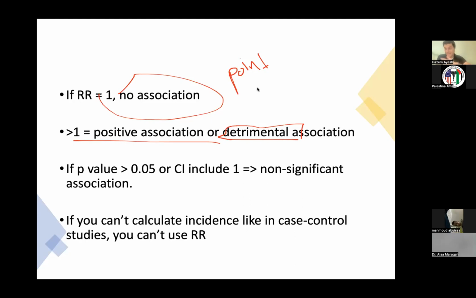I will pick a sample: 100 will be given the statin, and the other 100 will not. Then you make a conclusion, and they say we concluded that the relative risk is 1.5. So that tells me that the people who take a statin have higher risk to get diabetes in Ramallah.